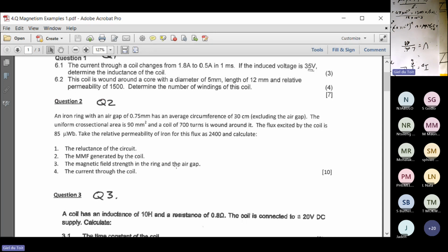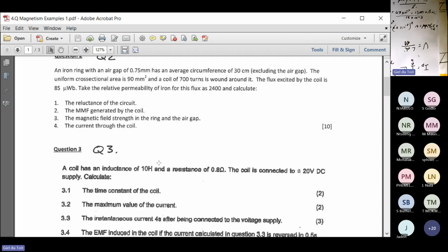Question 2. Don't do the reluctance. We haven't done it with you yet. But the rest you can actually do. Right. Most people didn't know how to do this one. Let's just look at the answer and come back to question number 3.